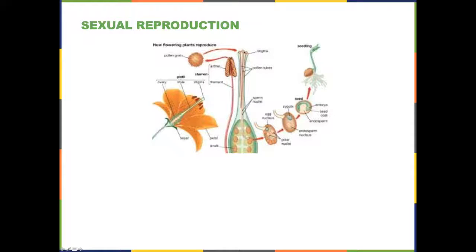The pollen tube comes from the tube nucleus of the pollen grain, and it transports the sperm nucleus down here into this part down here, and you end up with a fertilized egg nucleus. And the fertilized egg nucleus ultimately becomes the embryo, and then the other part becomes the endosperm.